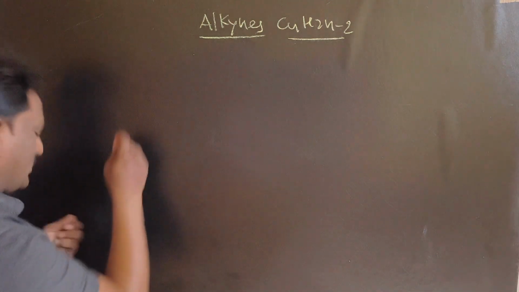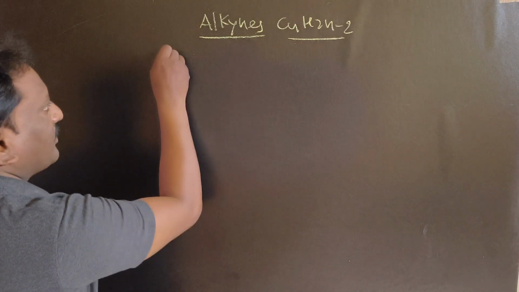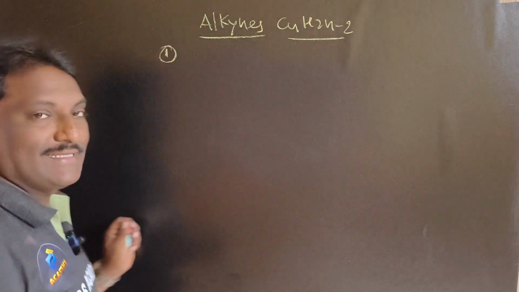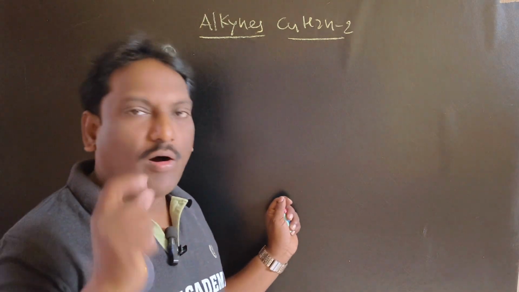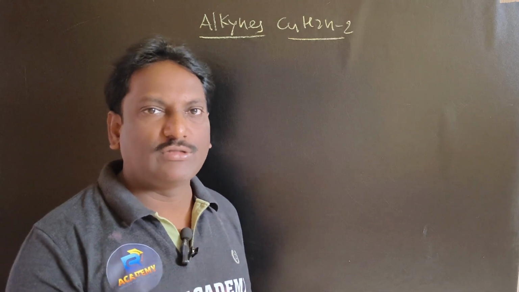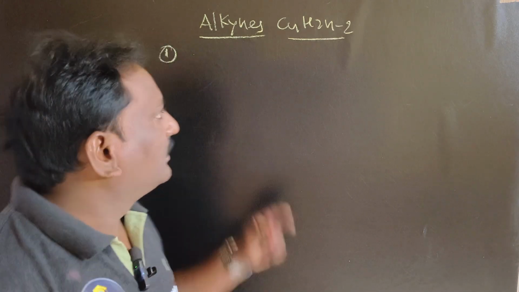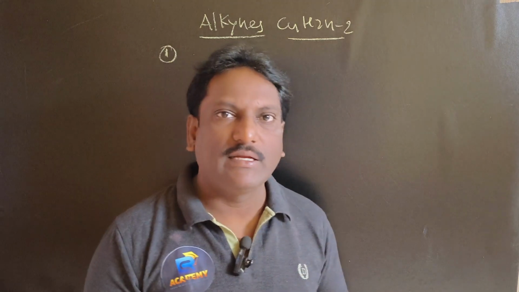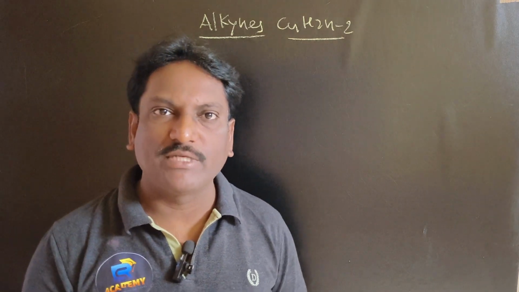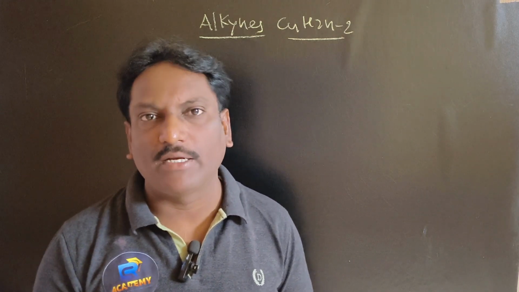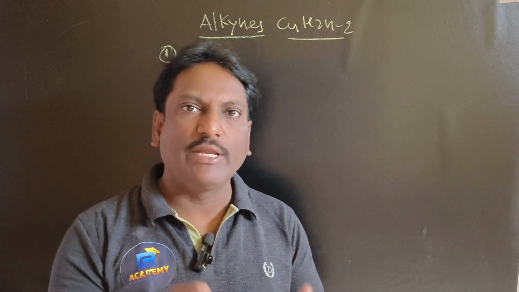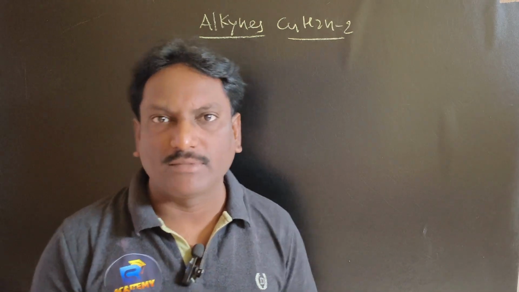Let us check. So the alkynes homologous series also starts with 2 carbons onwards, because in the case of alkynes at least one triple bond must be present between any 2 carbon atoms. To show a triple bond we require a minimum of 2 carbon atoms.